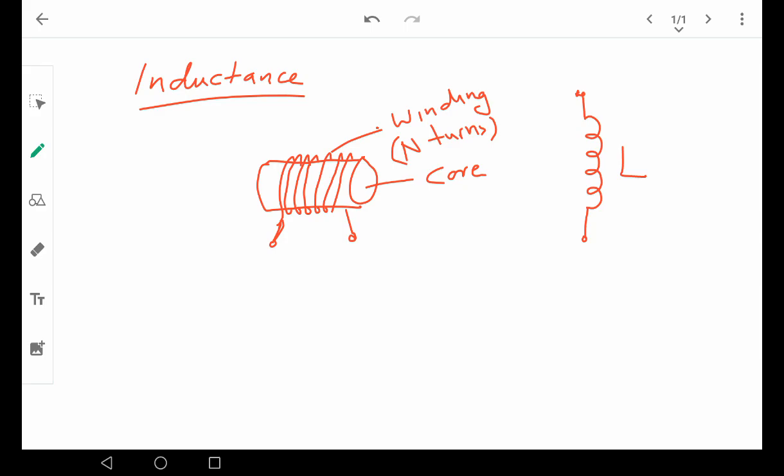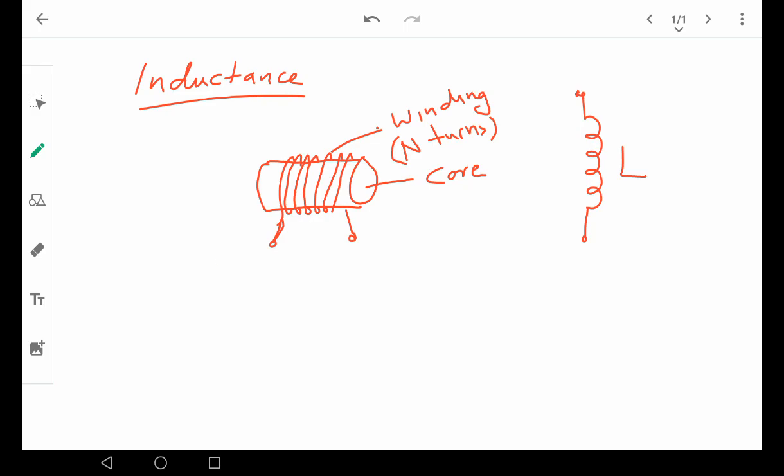When you move the coil in a magnetic field, or else if the coil is not moving but the magnetic field is changing with respect to the coil, then a current will be produced in the coil.